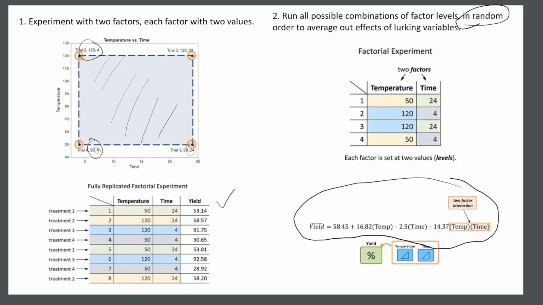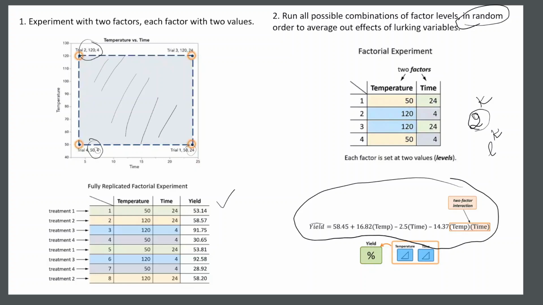We have explained with only two factors, temperature and time. If it has multiple factors, say three or four factors, then the number of experiments will be 2 to the power k, where 2 is the number of levels, sometimes written as L, and k is the number of factors.